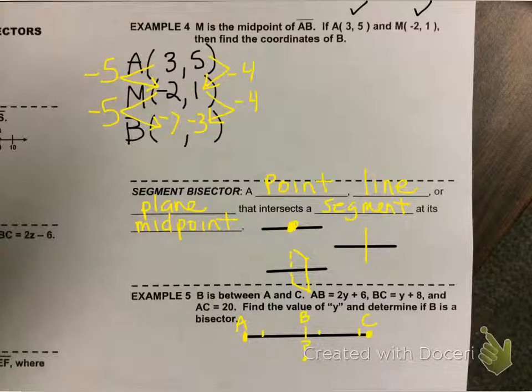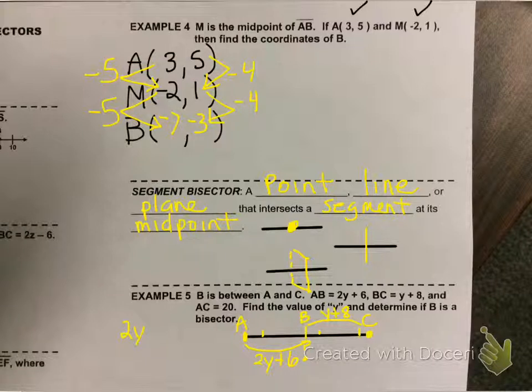So AB is 2y plus 6. BC is y plus 8. And what other information is given to me? The whole thing is 20. Good. The whole thing means to do what with both of these segments?